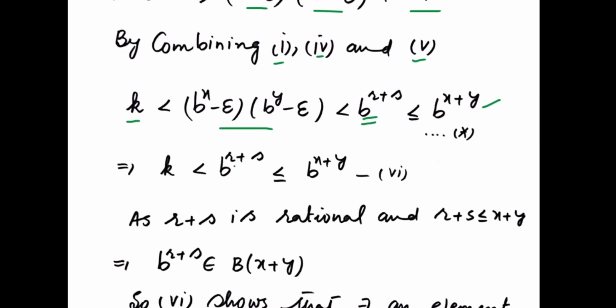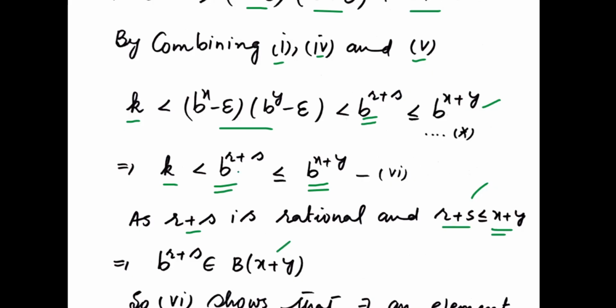From this inequality, I can write it as k is less than b raised to power r plus s, and b raised to power r plus s is less than b raised to power x plus y. As r plus s is rational, this sum is always less than or equal to x plus y. So this fulfills the definition of this set.